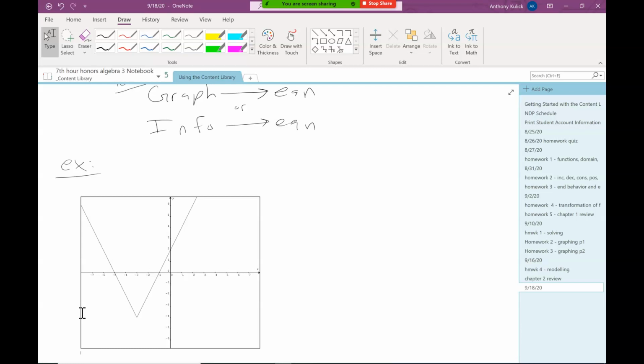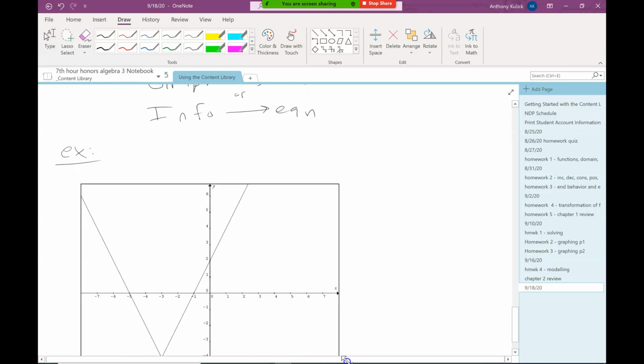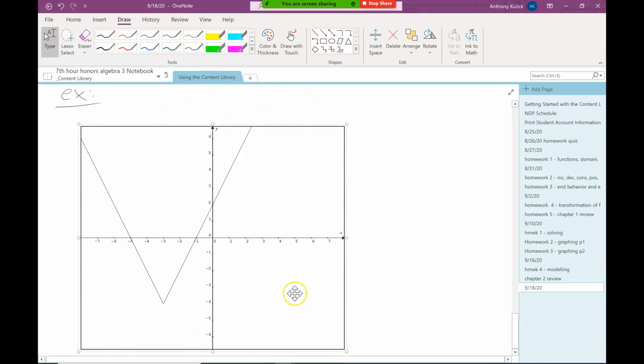So let's say we have this graph here. So I remember that any absolute value graph can be written in this form, right?